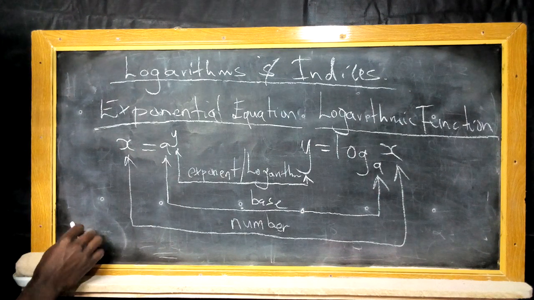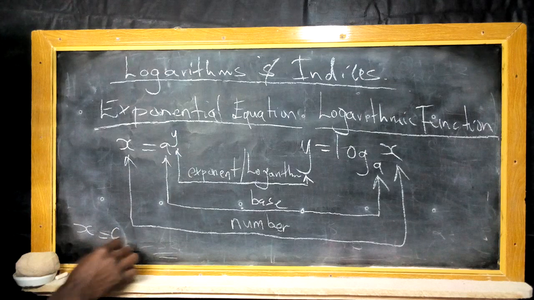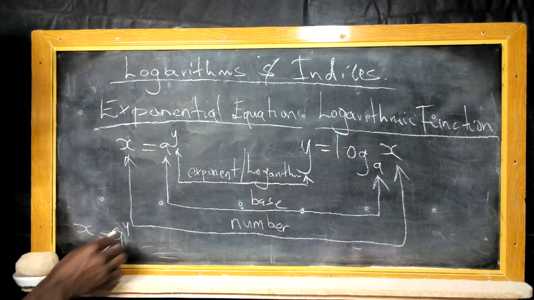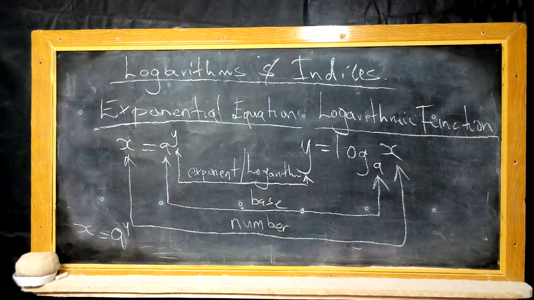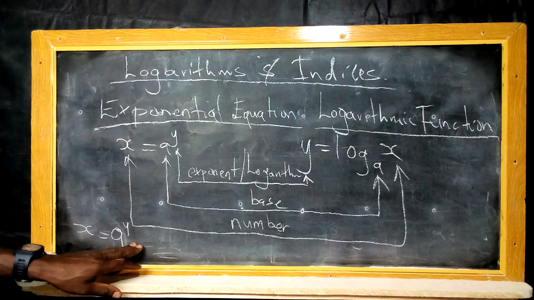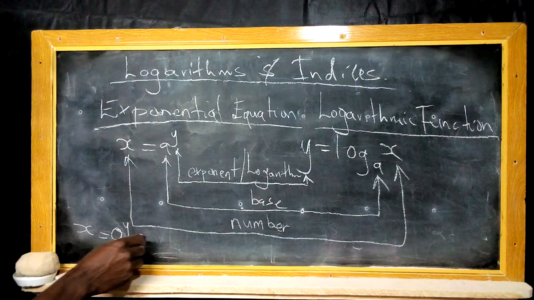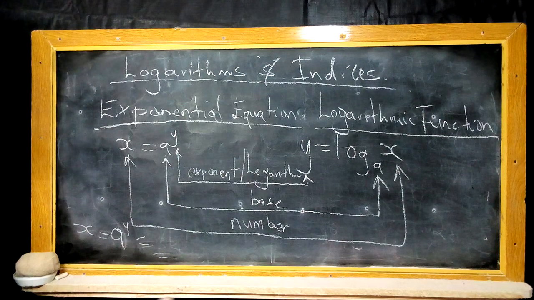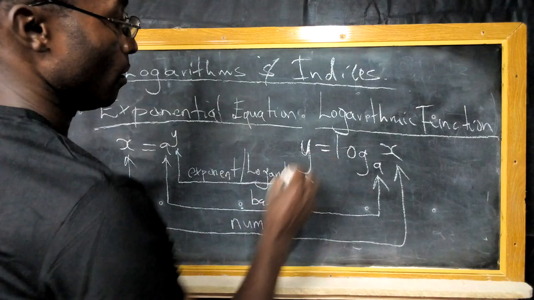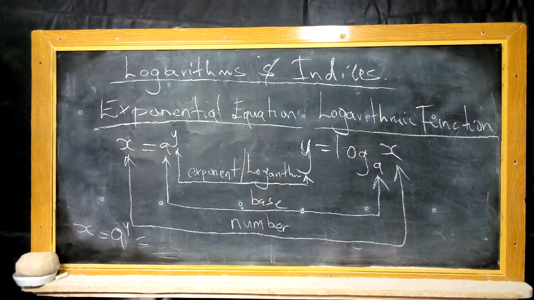That's an equation of x equals an index, a raised to power y. This one can be given in terms of a logarithmic function, which is y equals the log to base a of x.